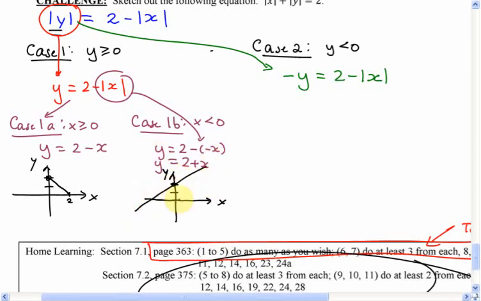Wait a minute, that's not right because of my domain here. X has to be less than 0. Oops, I made the same mistake. So I guess it should be down this way. Is that the correct answer? No, because once again, y is greater or equal to 0. So erase that. So what should I have? Just this point right here, and this point here is -2.